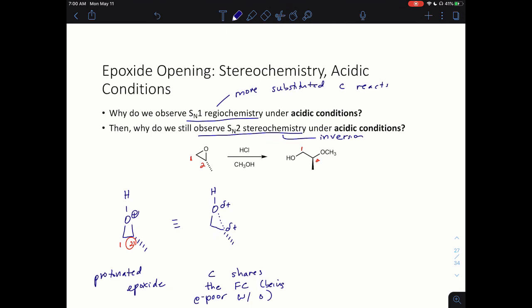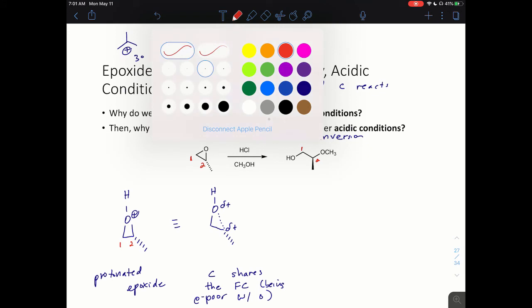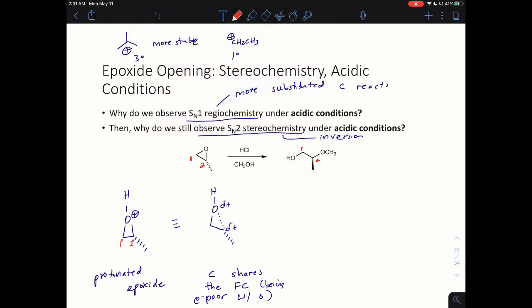And that's because the more substituted carbon is more stable doing so, right? If you think about carbocation stability, a tertiary carbocation is more stable than a secondary or a primary carbocation. So that's no different here. We have a primary versus a secondary carbon, and the secondary carbon is just more stable sharing that charge.